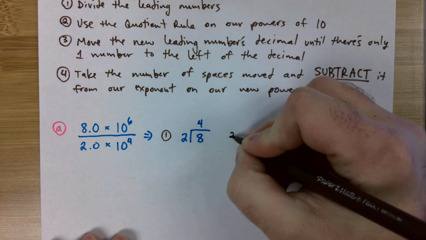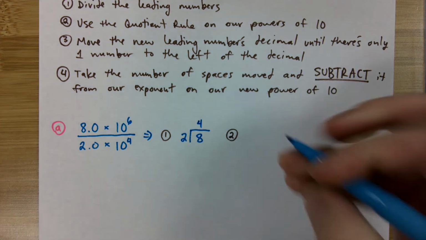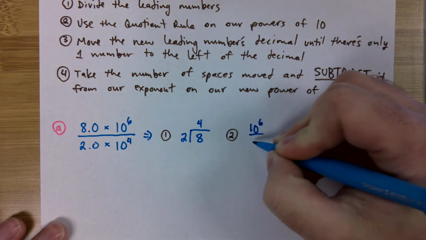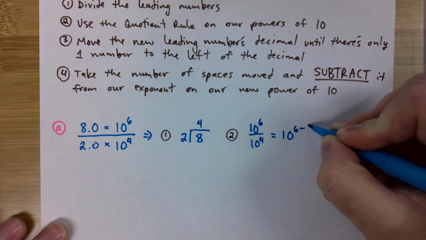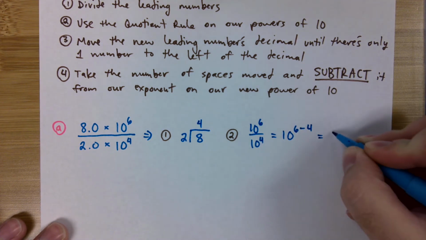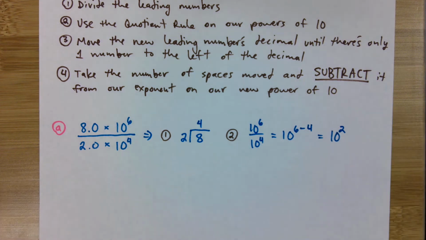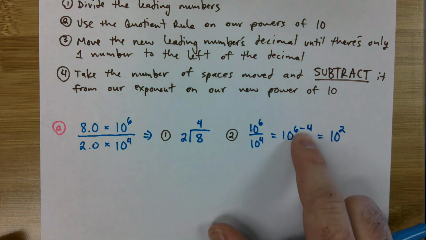Step 2, we've got to do the quotient rule with our powers of 10. 10 to the 6th over 10 to the 4th gives us 10 to the 6th minus 4, just 10 to the 2nd. And when we multiply numbers in scientific notation, we add.